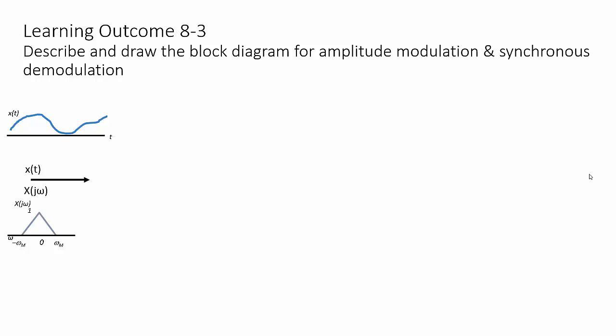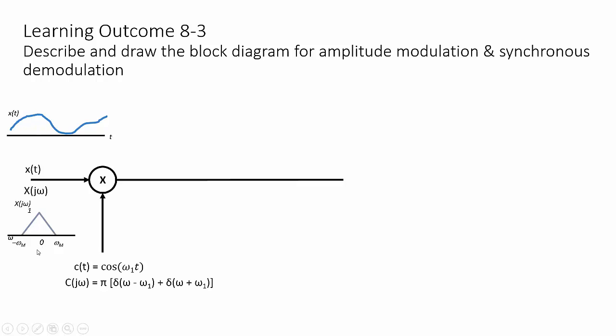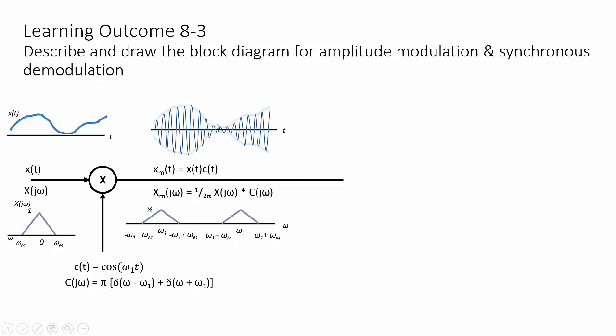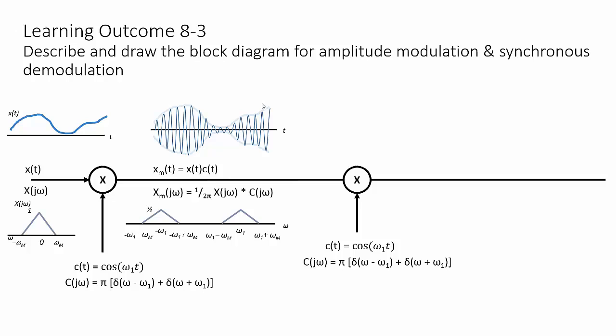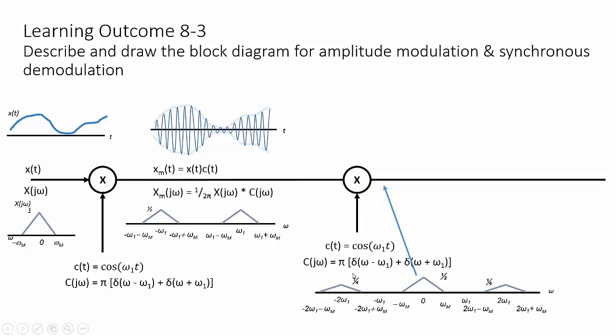So let's review. We start with some signal. We care about the time signal, but it has an associated spectrum. We modulate by multiplying by a cosine. That gives us an amplitude modulated time signal. We can demodulate by multiplying by another cosine, which will then have that spectrum.